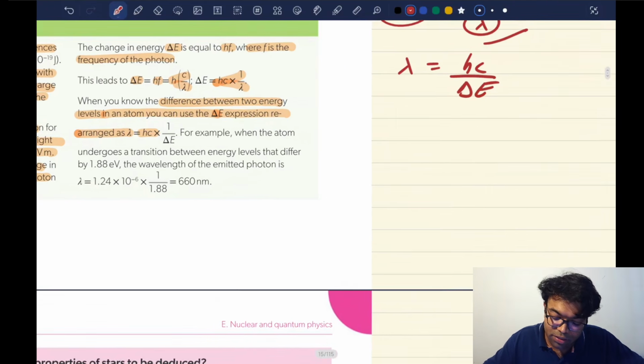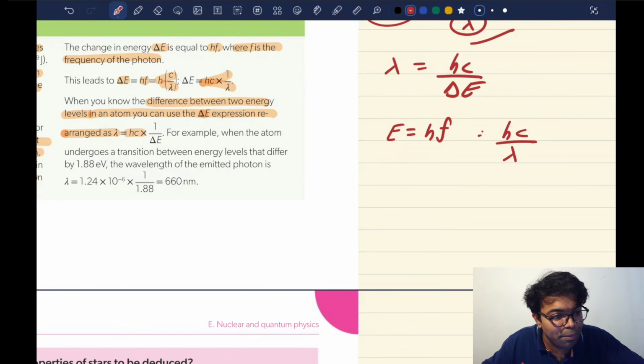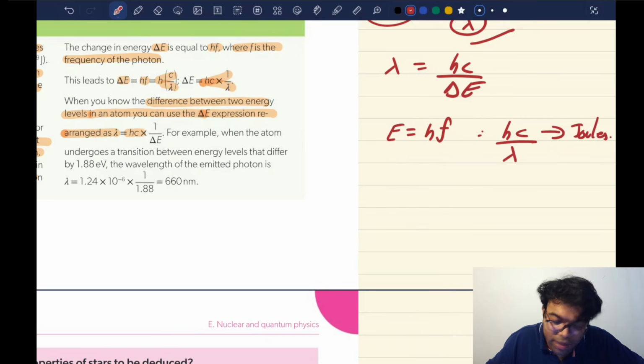So first things first, look at this. We know that E is equal to hf is equal to hc by lambda. Now, this energy is in joules.